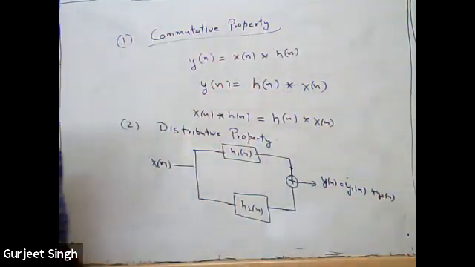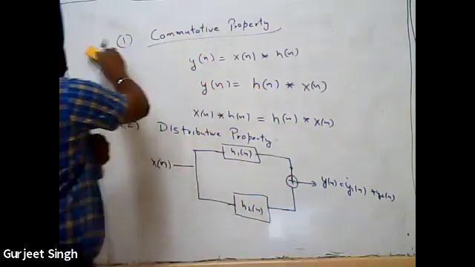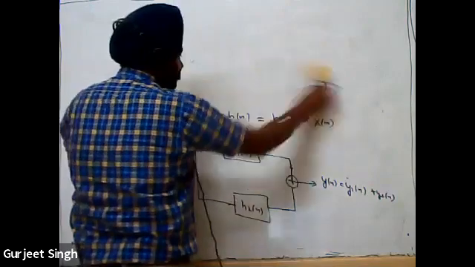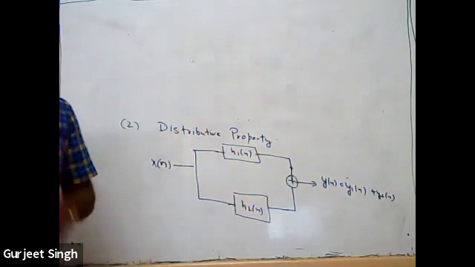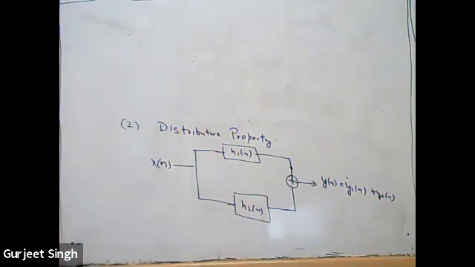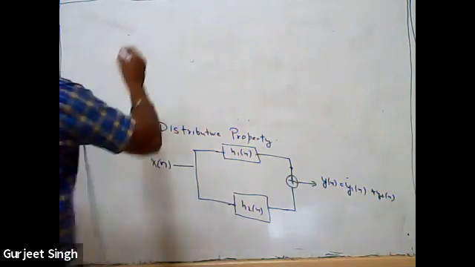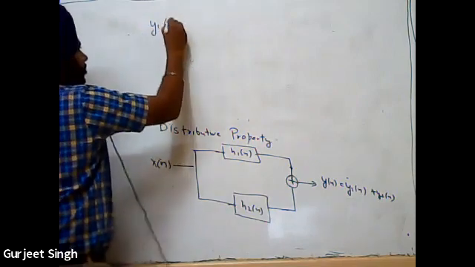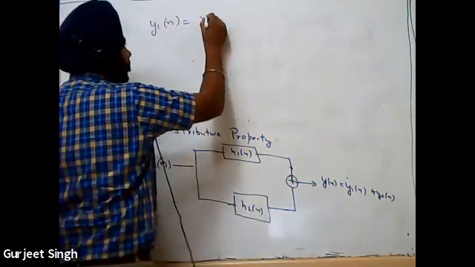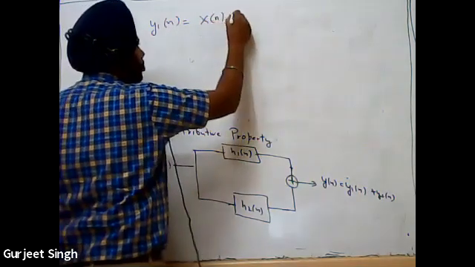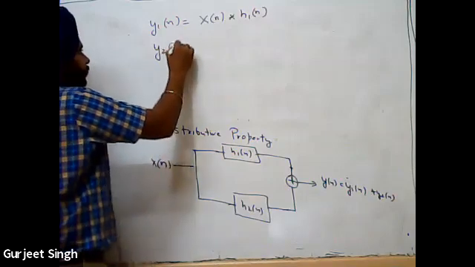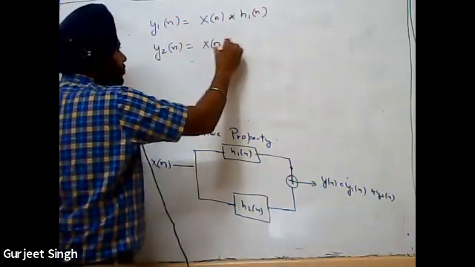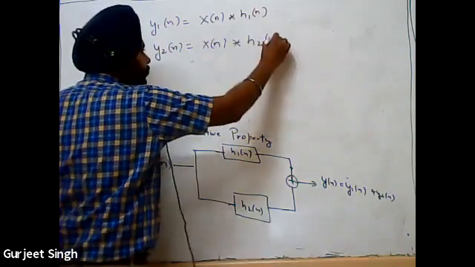So what are y1n and y2n in this equation? I will write here. y1n is equal to xn convolution h1n and y2n is equal to xn convolution h2n.